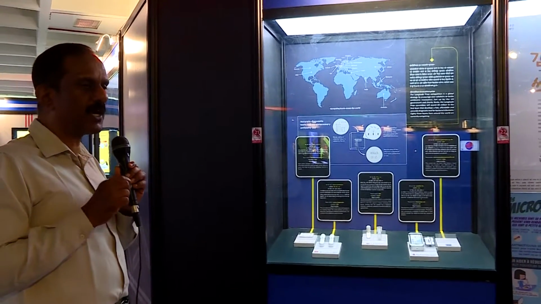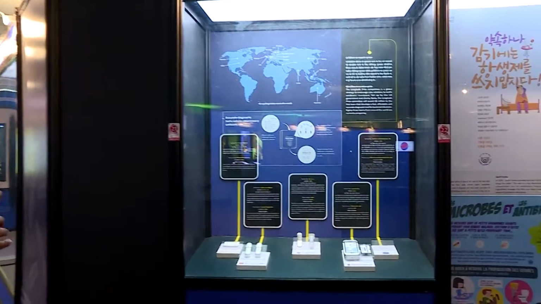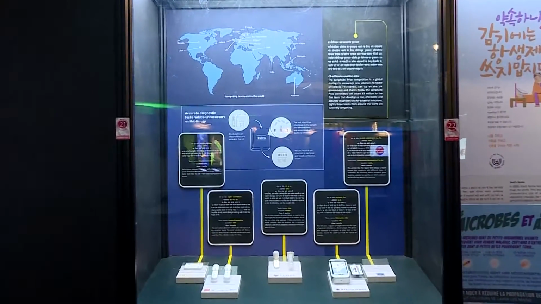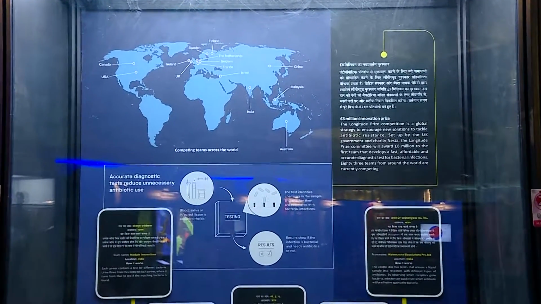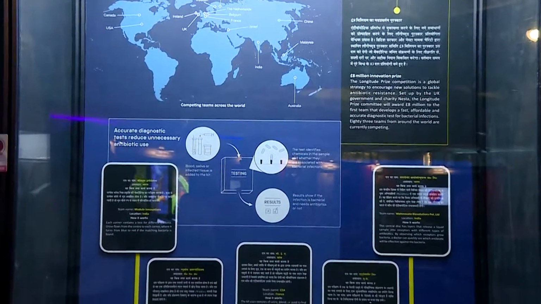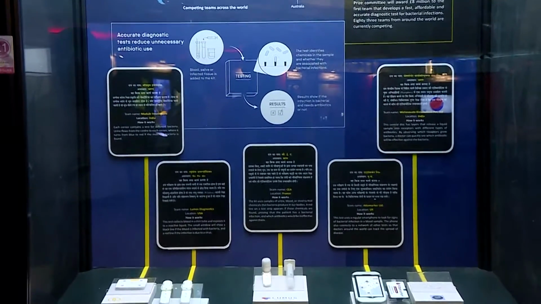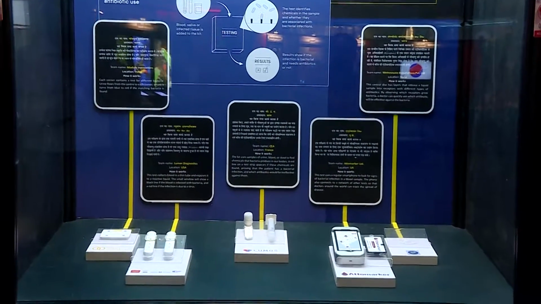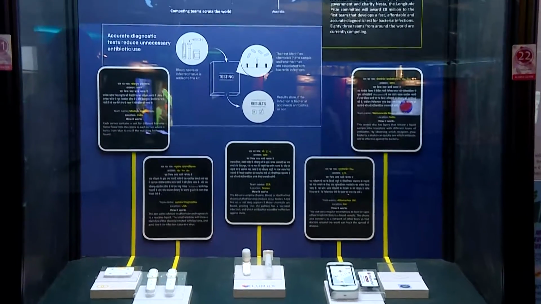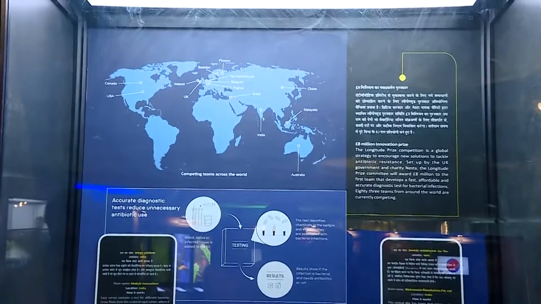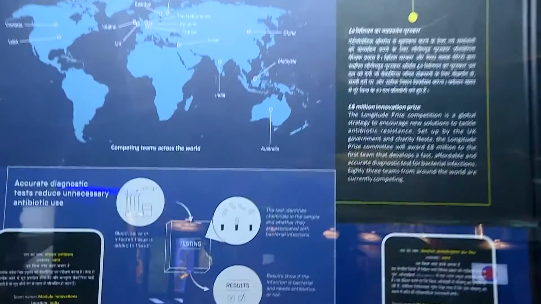In order to have a successful, effective diagnosis technology, the United Kingdom has announced a prize known as the Longitude Prize, wherein anybody on this earth can develop a diagnostic kit which can detect and diagnose an infection in the minimum possible time and also indicate what type of bacteria is responsible for this infection.